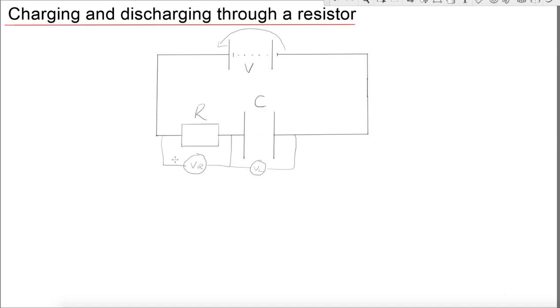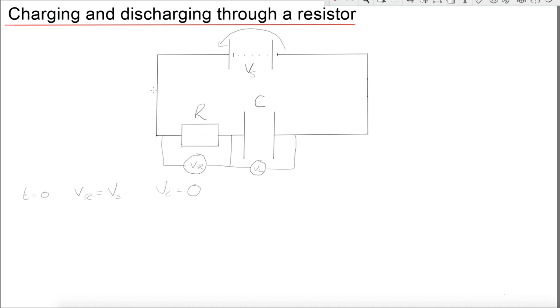So at the moment you close the switch at t equal to 0, VR will equal V, we call that V supply maybe, and VC will equal 0. That has to equal 0 if that equals the supply PD. So at this point there's no PD across the capacitor, it's all across the resistor.